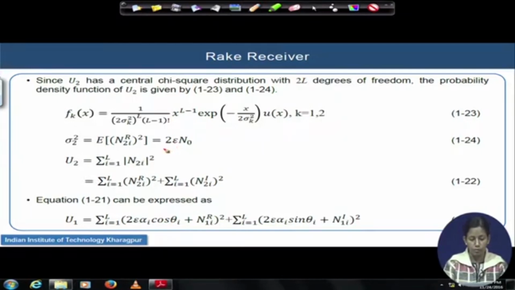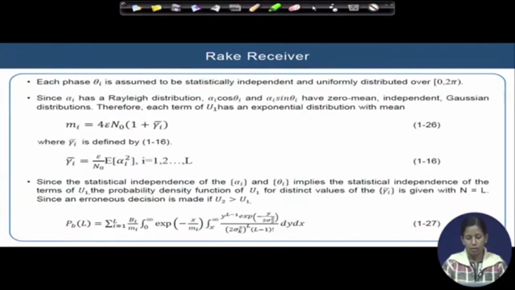Here we have reproduced the two parts once again. U2 is given by this term, and U1 is the decision variable given by this term, and we will proceed with U1, because that is the signal section measure.